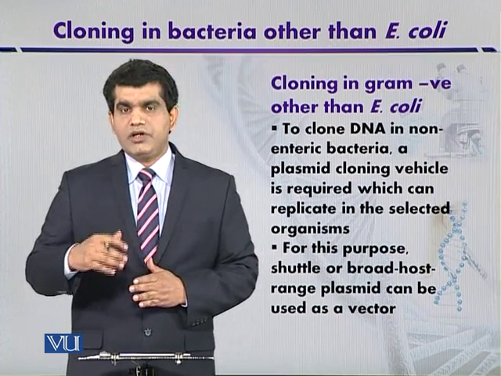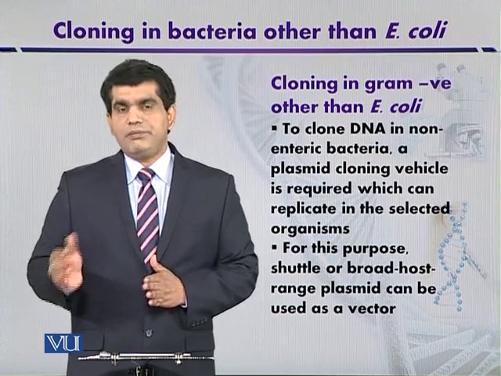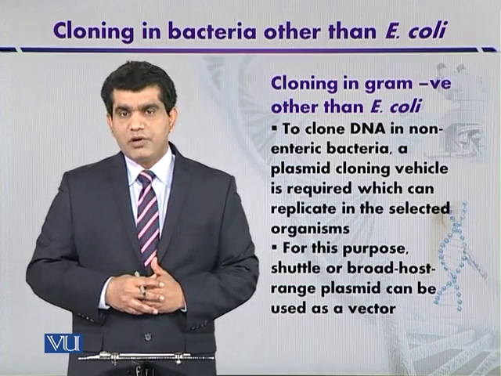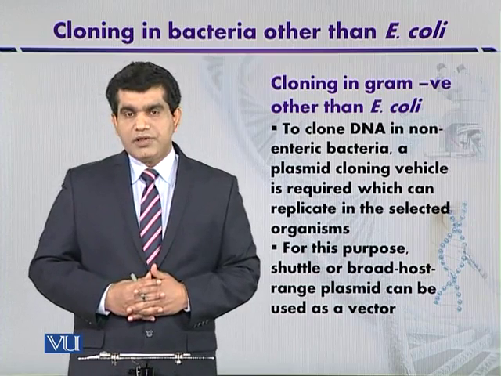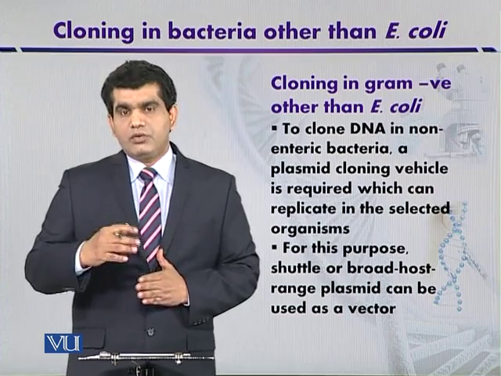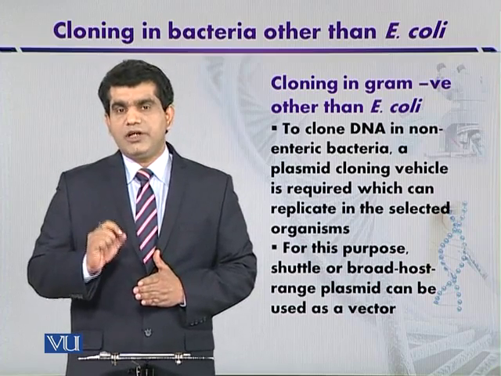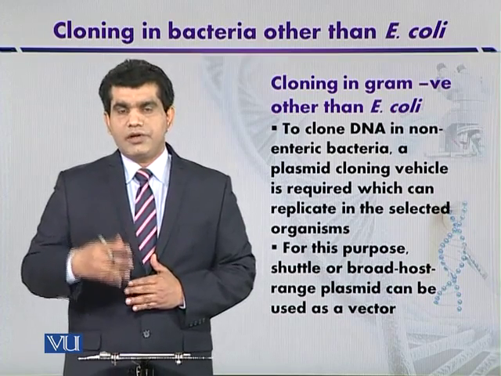Like if we want to study something related to sporulation or pathogenicity or the degradation of some aromatic compounds or some other biochemical pathways, all these things are not available in a single microbe like E. coli. So with reference to the target metabolic pathway, we sometimes have to use a related organism.